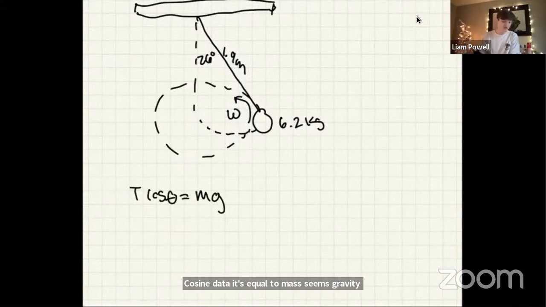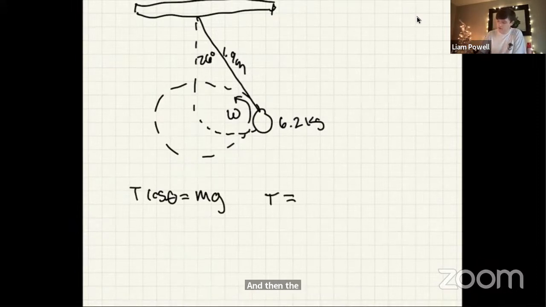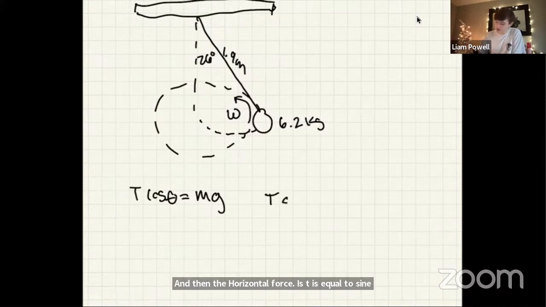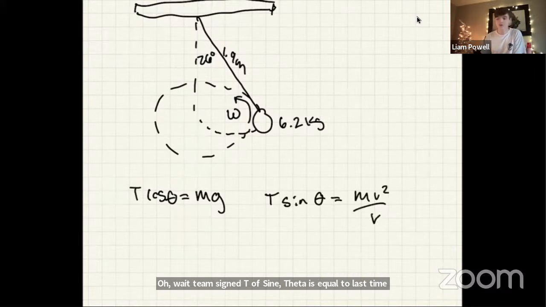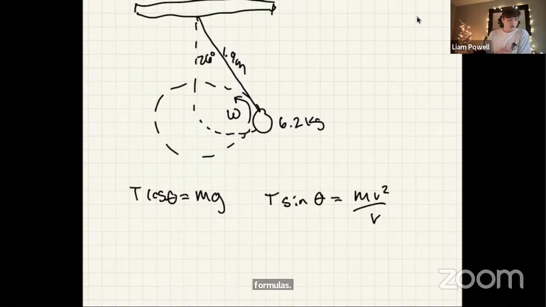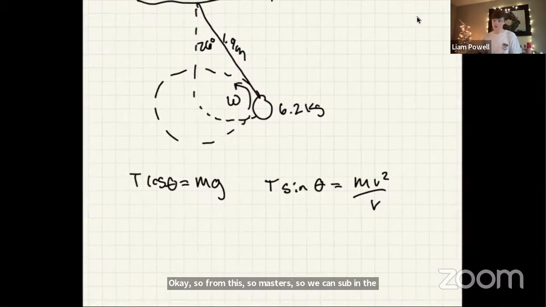And then the horizontal force is T sine theta is equal to mass times velocity squared over r, because that is one of our formulas. So we can sub in the tension force because we are finding the velocity squared.